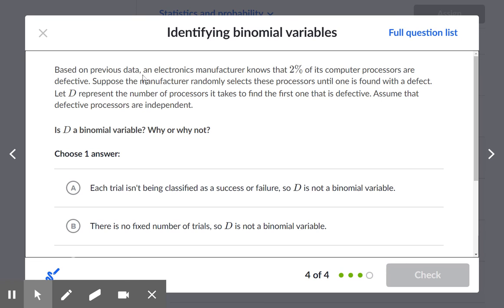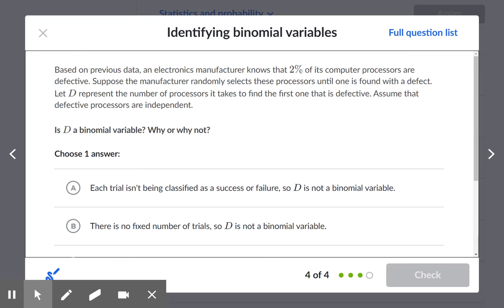Based on previous data, an electronic manufacturer knows that 2% of its computer processors are defective. So we now know the probability of success in this case, which is 2% because we're counting defects. That's fixed. Suppose the manufacturer randomly selects these processors until one is found with a defect.